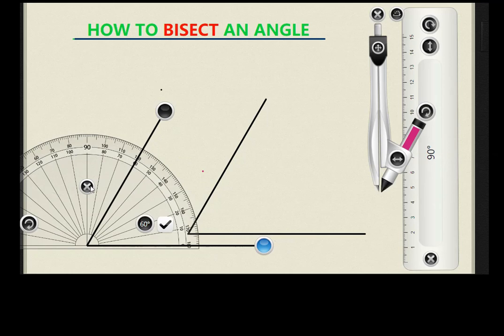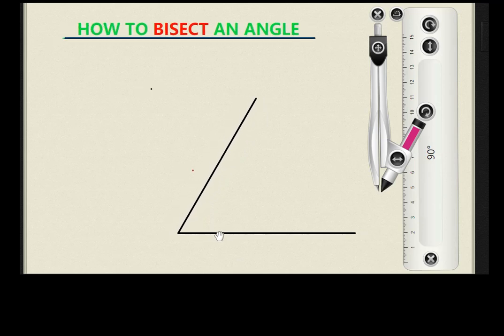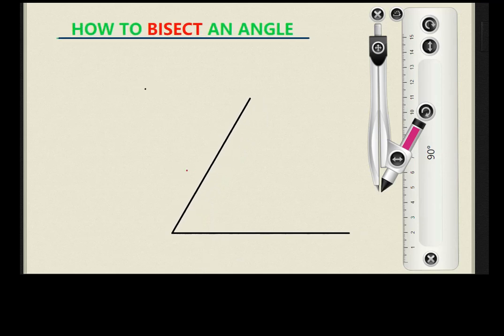We have an angle which is 60 degrees, and let us call this angle A, B, and C.